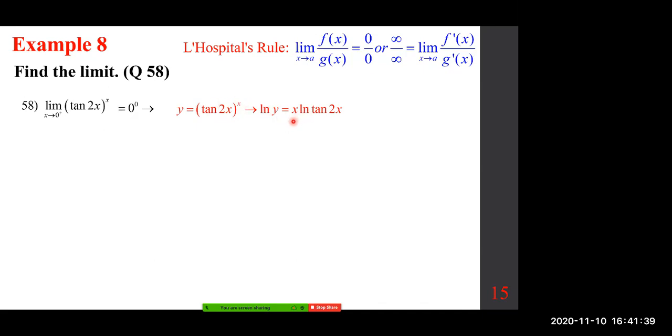And so when you want to take the limit of ln y, again, whenever you're done, the answer is e to that power. To take the limit of this one, you look at it piece by piece, okay? And this becomes 0, and this becomes natural log of 0 from the right, which is negative infinity.